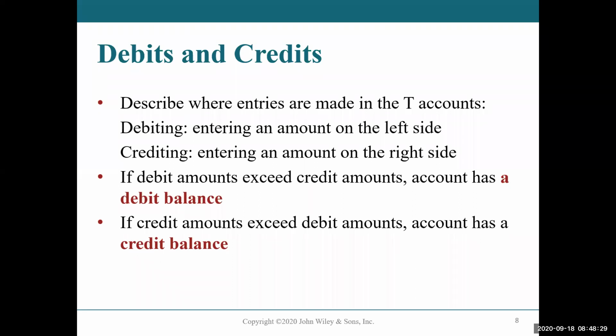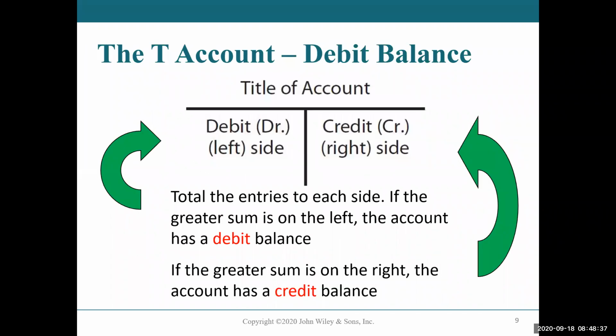Whether that heavier side is debit or credit, your ending balance will sit on the heavier side. So this is what our T account looks like. We have the total entries on the left-hand side for the debit and the total entries on the right-hand side, which is the credit. The ending balance will sit on the heavier side.